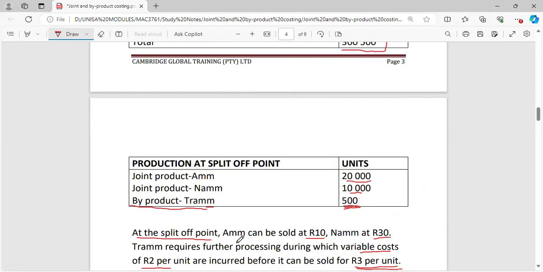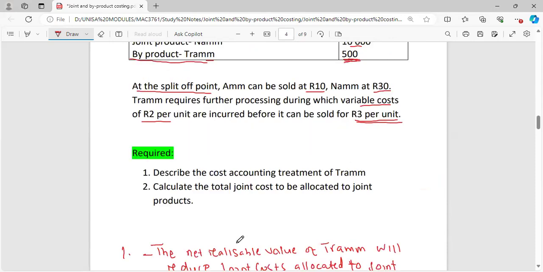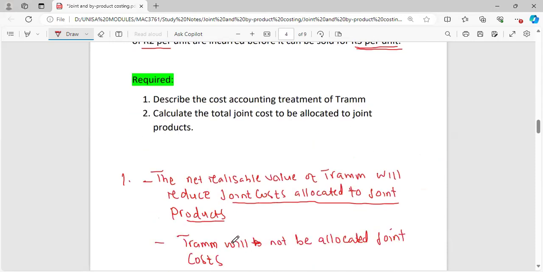Right, so let's look at the other part of the question. It says calculate the total joint cost to be allocated to joint products.